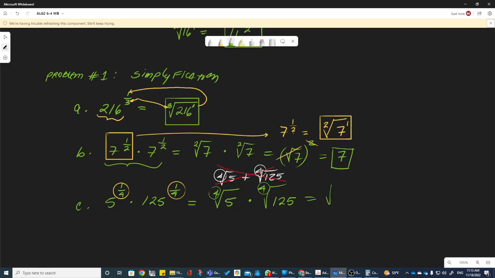So this is equal to 5 times 125, which equals 625. All right, and you still gotta get that in a root format.